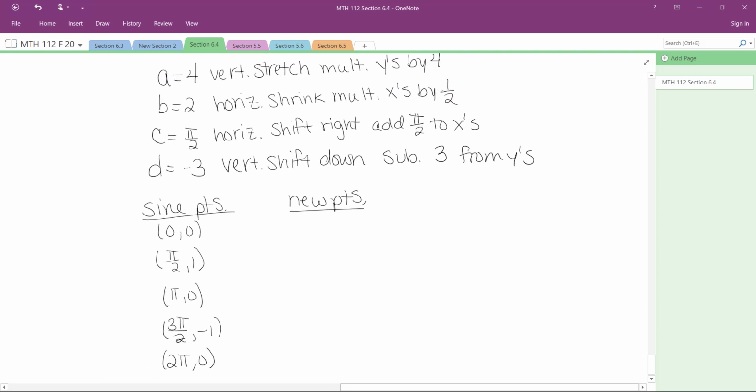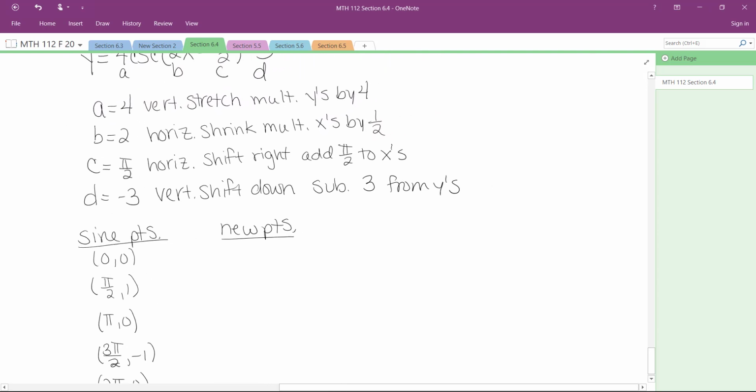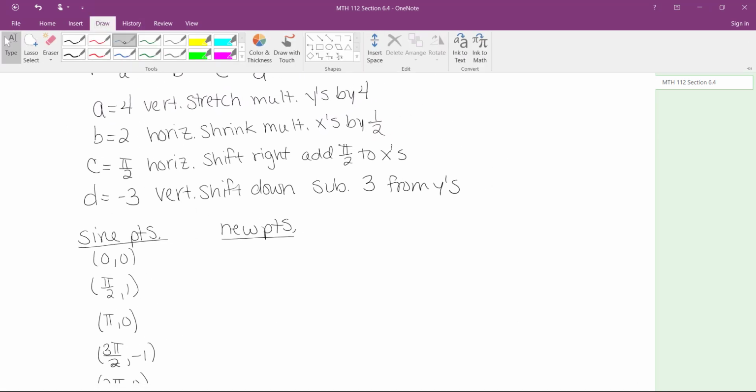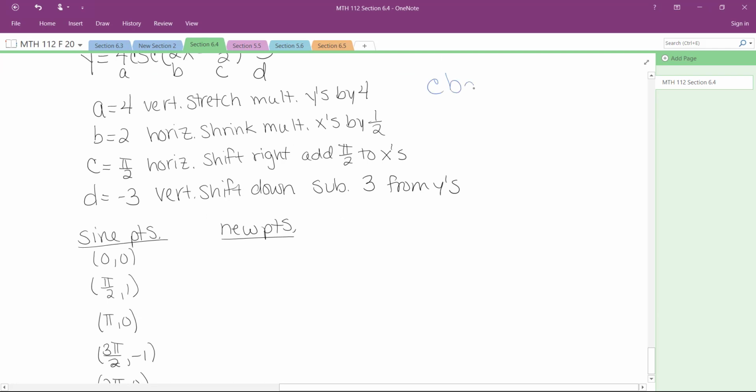So I need to start off by looking at which one I have to do first. Remember, CBAD tells us the order in which we apply our transformations. So I have 1, 2, 3, and then 4. Starting off, my first new point will be pi over 4, -3.